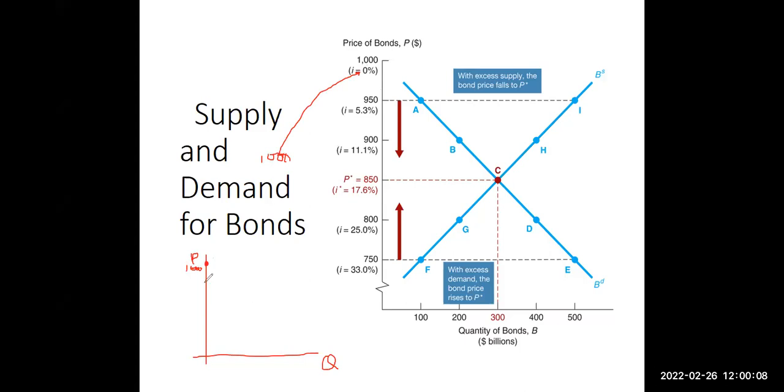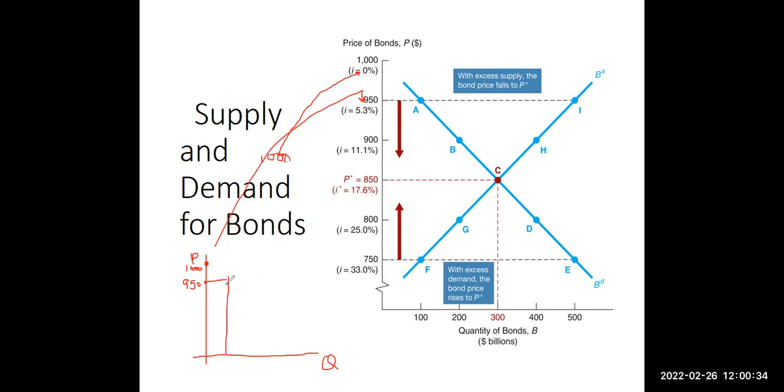If the price of the bond falls to 950, obviously still the price is high and you are just getting a 5.3% interest on it. So there will be some people who would be interested to buy that bond, like some quantity of bond.